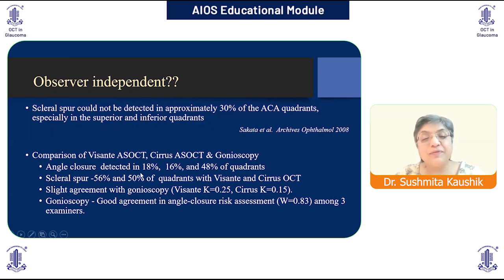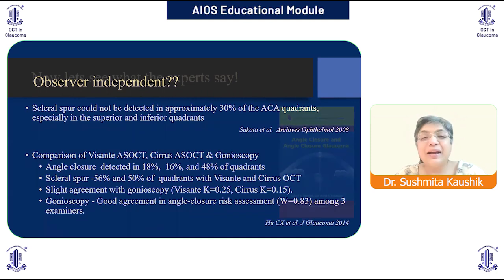Angle closure, respectively, was detected in just 18%, 16%, and 48% of quadrants, and the scleral spur in only about half. There's a slight agreement with gonioscopy and the Visante, but a good agreement in angle closure risk assessment between 3 examiners. So if there are 3 examiners doing a gonioscopy, they all agree. But if you compare it to a machine, there's not much agreement.